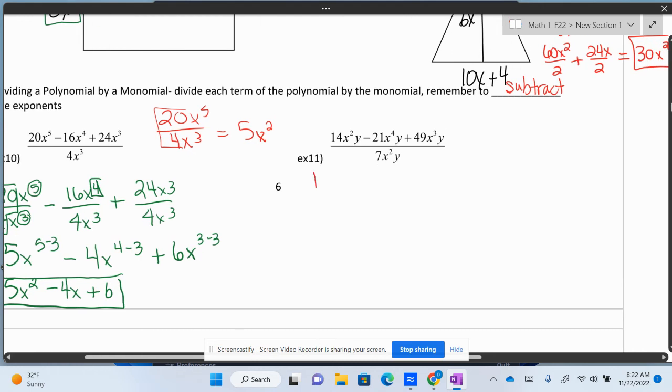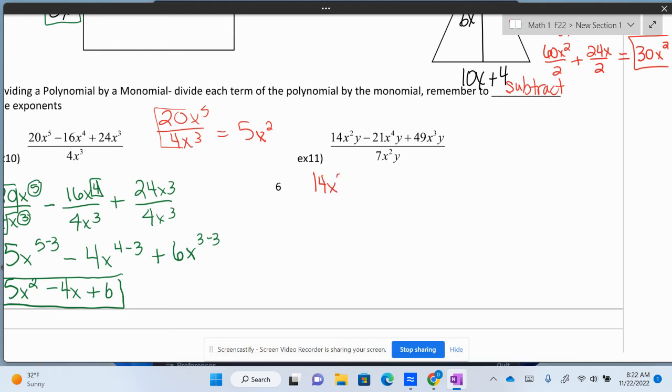So I'm going to expand it, but I'm not going to use the subtraction rule. I'm just going to have us think about where the exponents are. So 21x to the 4th y over 7x squared y plus 49x cubed y over 7x squared y.